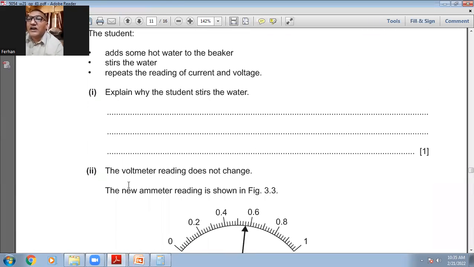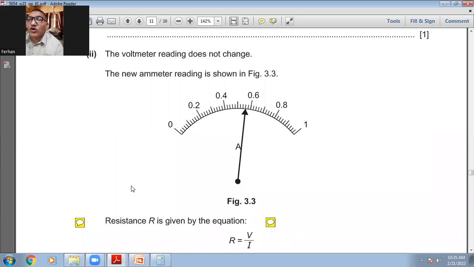So then the next part, the second part, he says the voltmeter reading does not change. The ammeter readings in figure 3.3. Now the ammeter reading has changed, and the ammeter reading right now is 0.56.